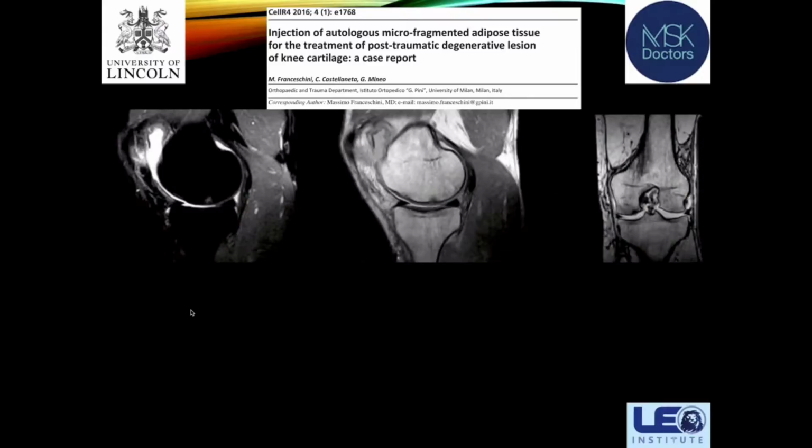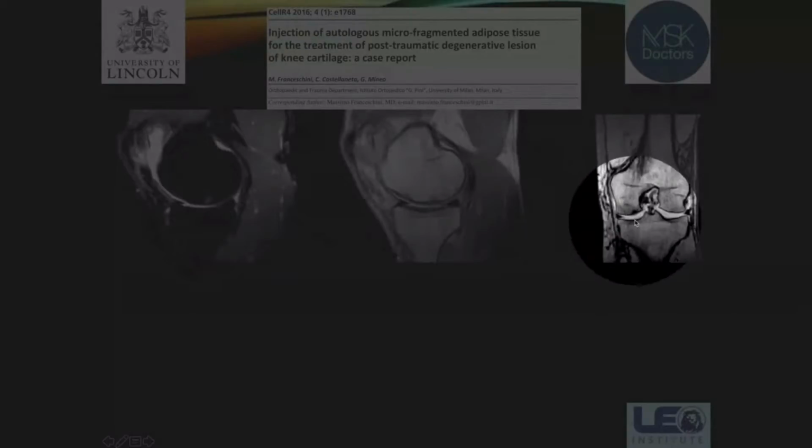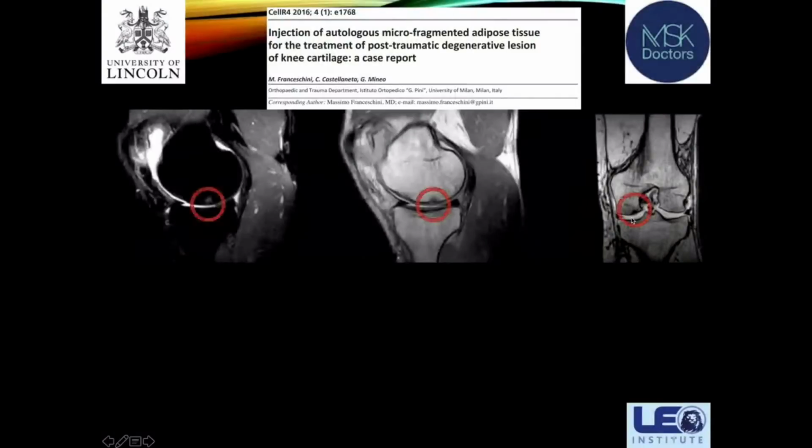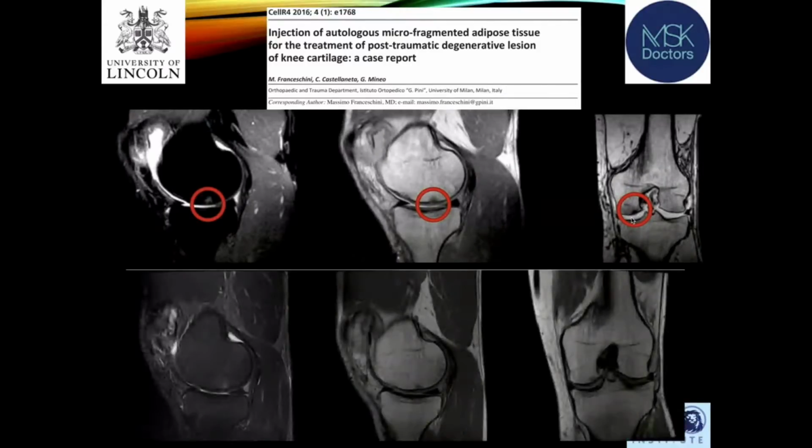You can see there is an increased signal here, and here you can see damage of the cartilage. And they said after 12 months of treatment with the fat cell injection, you can see the difference in the affected area.